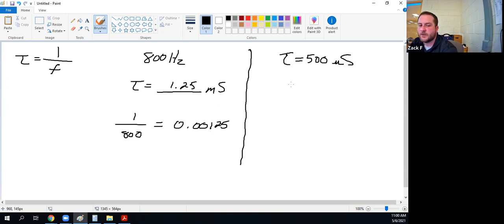What would the frequency be in kilohertz? If T is 1 over F, what does F equal? 1 over T, right?